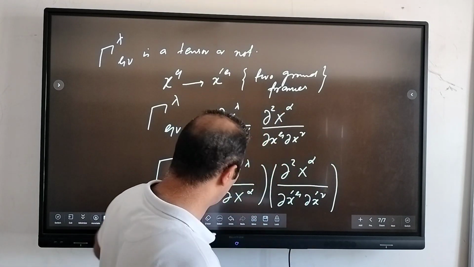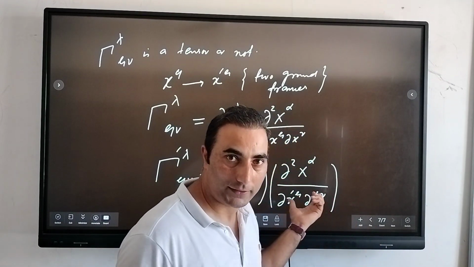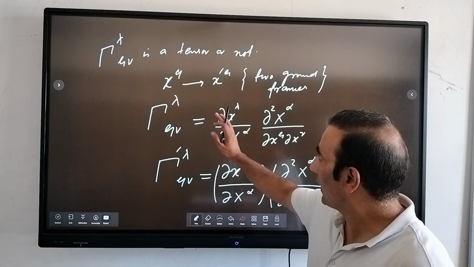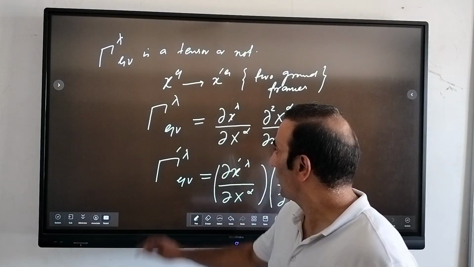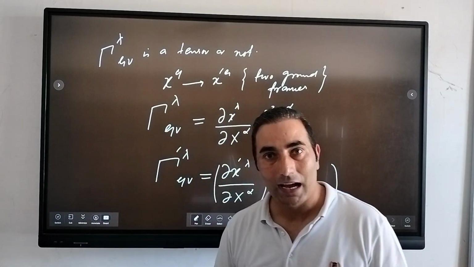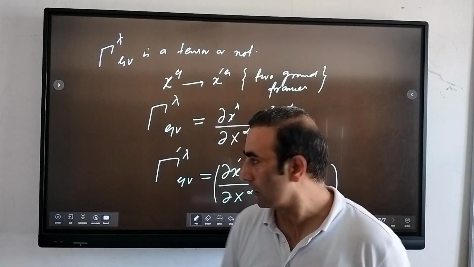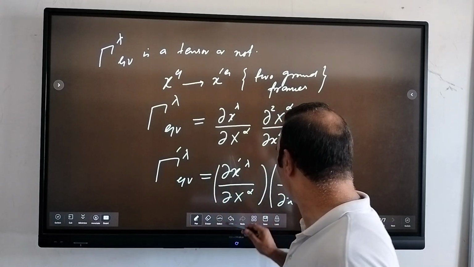This is what we have seen so far, that the affine connection can be written in this way. In the present case we want to see whether this affine connection is a tensor or not, so we are going between the two ground frames from some x mu to x mu prime, and seeing how we can write this affine connection between these two frames. This is very clear: you can write it in this way, from some primed to some unprimed.